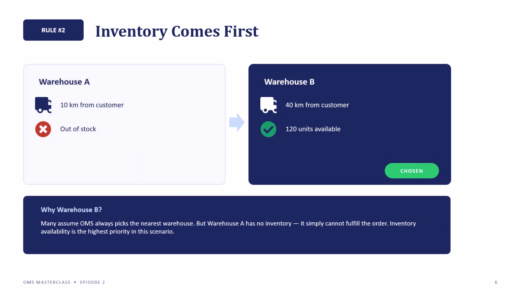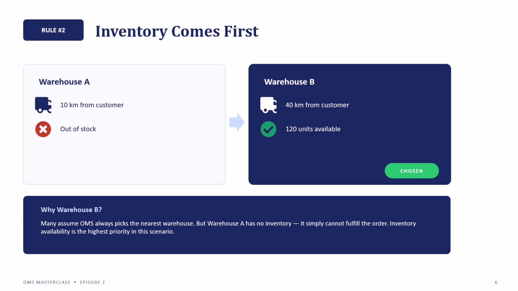Arya's order has now passed all the required validations. The next step for the OMS is to check whether the product is actually available for fulfillment. In our example, the OMS finds that the running shoes are available in two different warehouses. At this point, you might think the OMS will simply choose the nearest warehouse, but that's not always how it works.